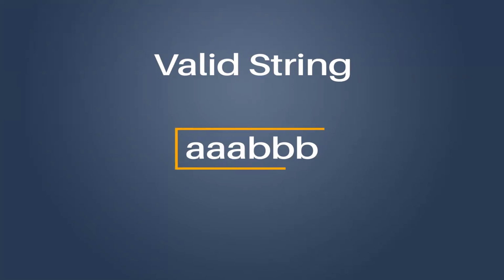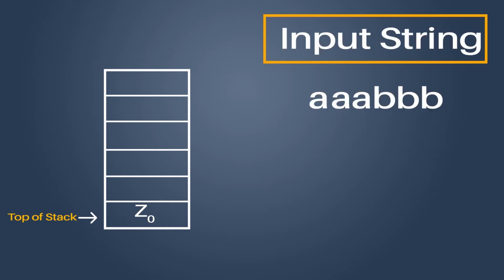To write the transition function, let me consider this string, that is a a a b. We know that the top of the stack happens to be Z0. If you notice the input string, the first input symbol happens to be a, and my top of the stack happens to be Z0.